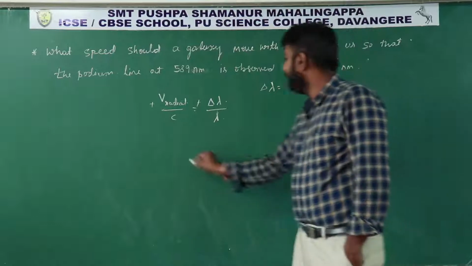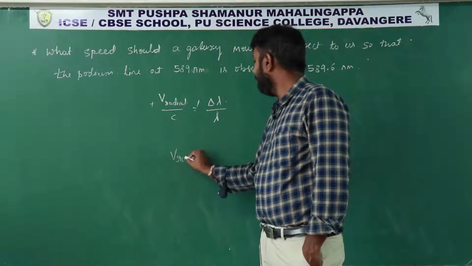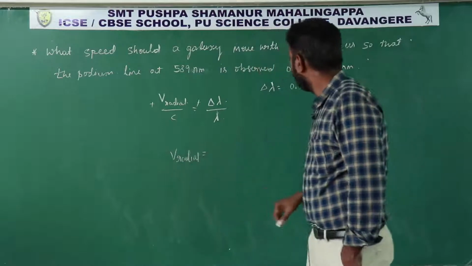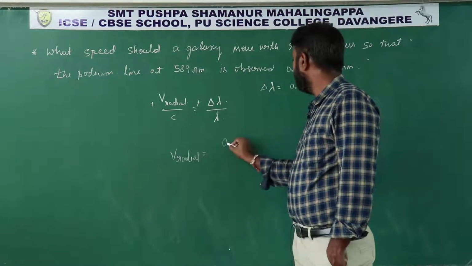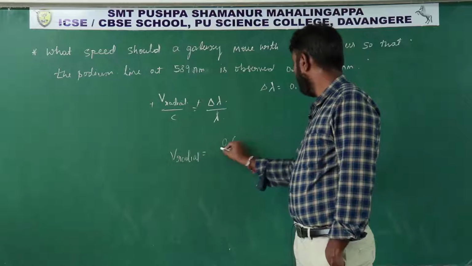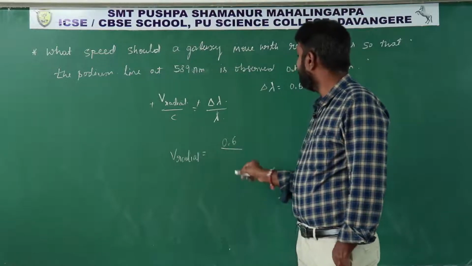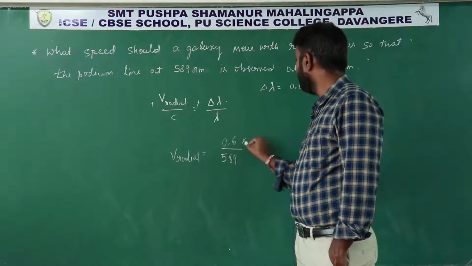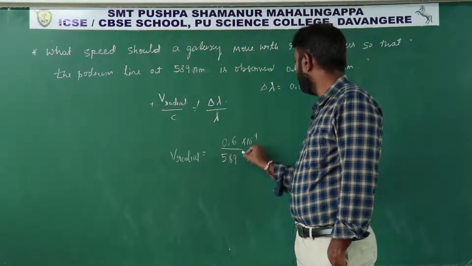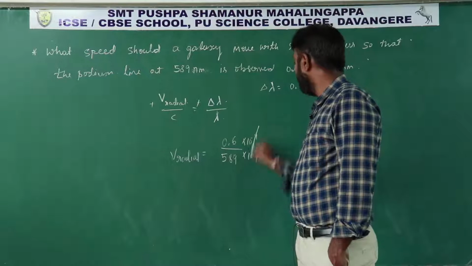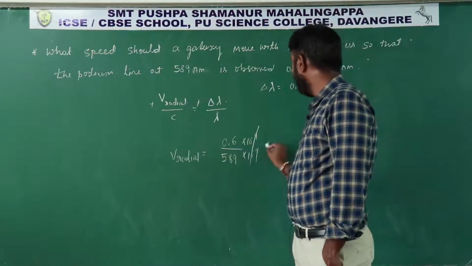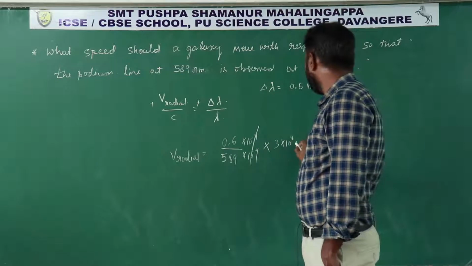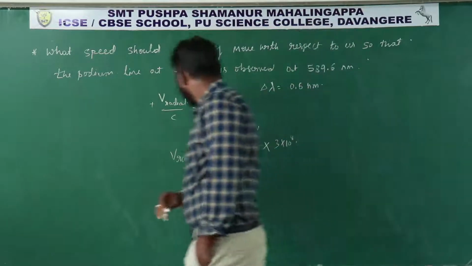Then if you substitute here, V radial is equal to this change in wavelength, 0.6 nanometer, divided by its original, 589 nanometer. Here this minus 9 also will get cancelled, and multiplied with the speed of light, 3 into 10 to the power 8 meter per second.